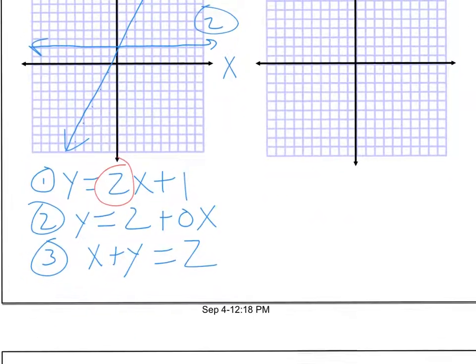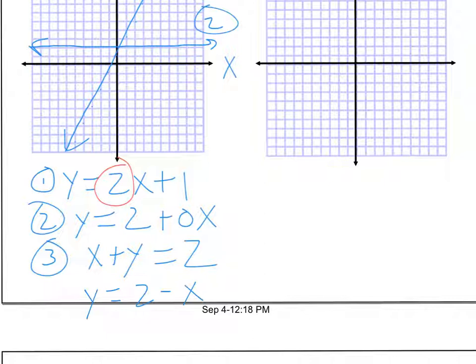You should notice something a little bit different about number 3. I would rearrange that immediately. Notice it's in what's called general form. X plus y is 2. Not a great form to graph, and I wanted for you to see that one because you could certainly come across one.